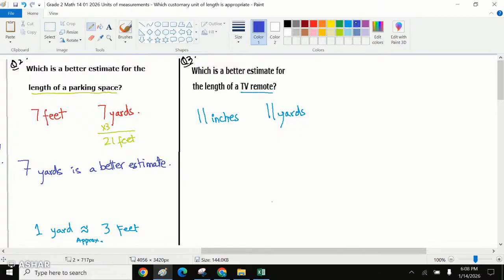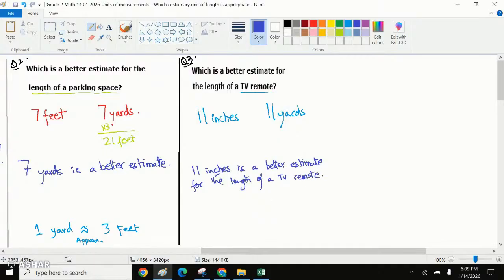That means 11 inches is a better estimate for the length of a TV controller, right?